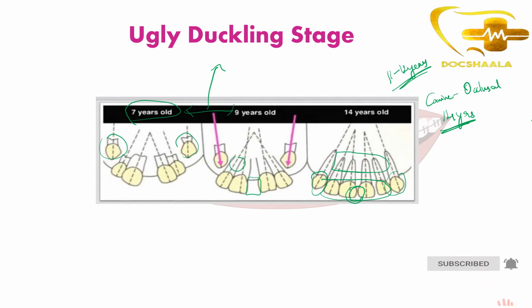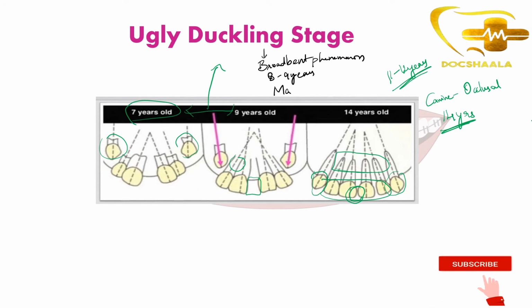Okay, so the important points around the ugly duckling stage are that it was discovered by Broadbent, and hence is also known as the Broadbent phenomenon. It occurs at 8 to 9 years of age, and the most commonly affected teeth are the maxillary central incisors.